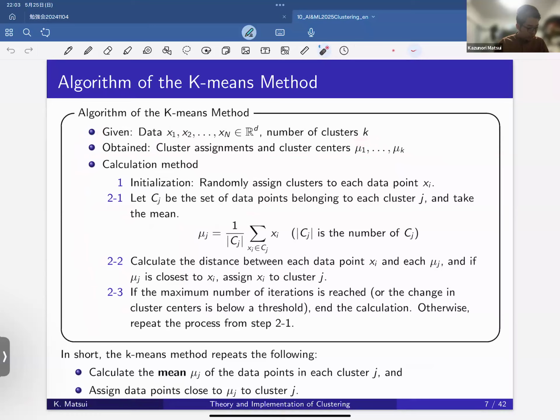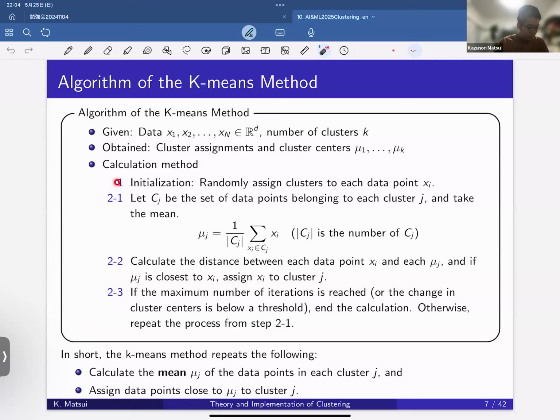What we get are the cluster assignments and cluster centers mu1 through mu k. How do we do this? First, we randomly assign clusters to each data point.